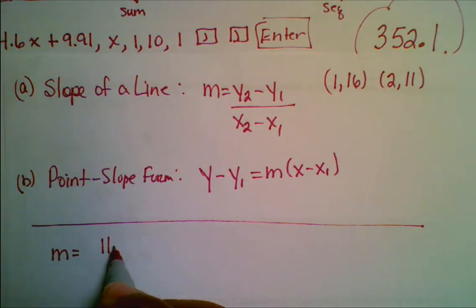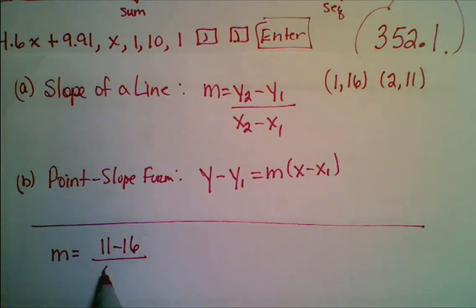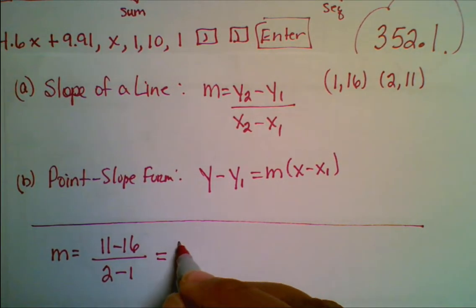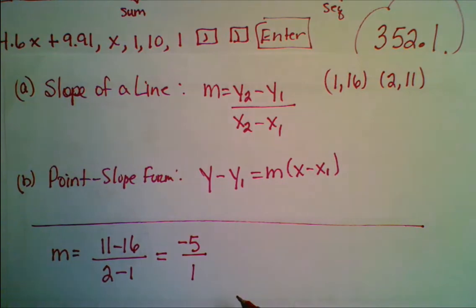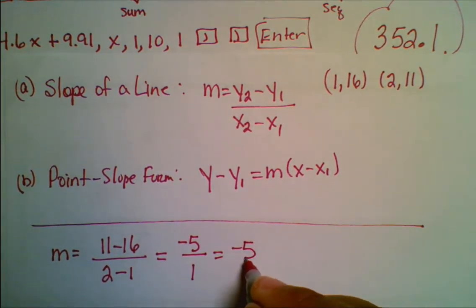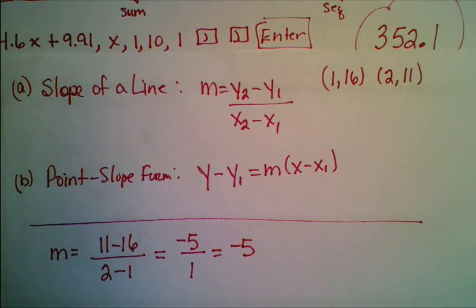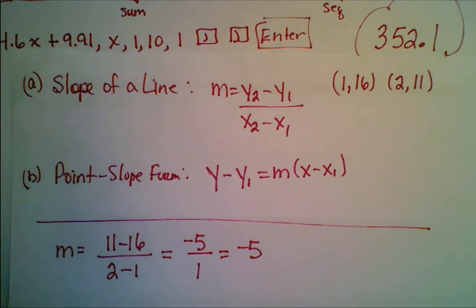We have 11 minus 16 over 2 minus 1, and this gives us -5 over 1, and that is -5. So that's our slope.